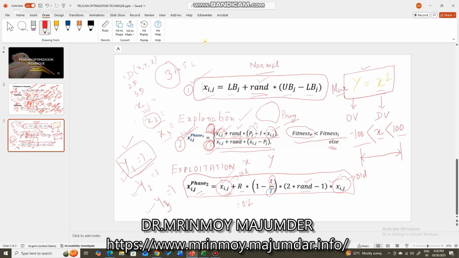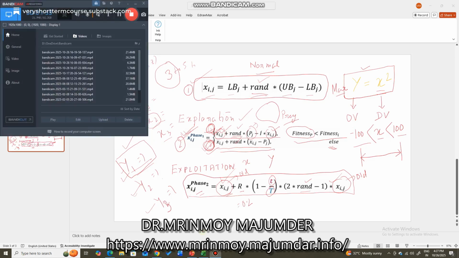You compare the fitness value of that agent with the others. If the fitness value of the other agents is more than the fitness value of the prey agent, use equation 1. And if your prey agent has outclassed your other agents, you have to use equation 2. It is as simple as that.